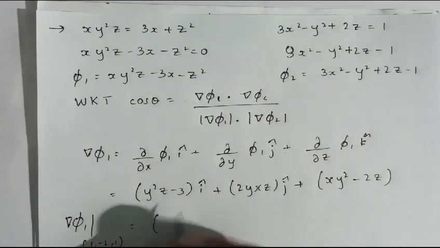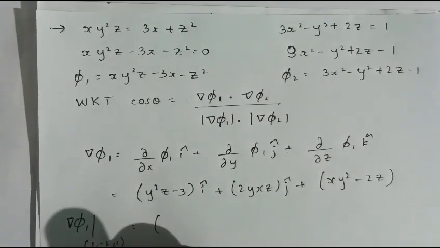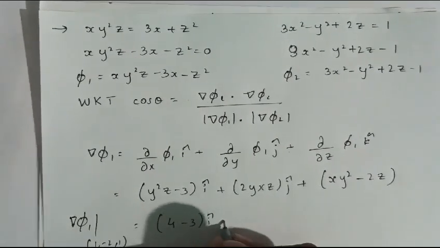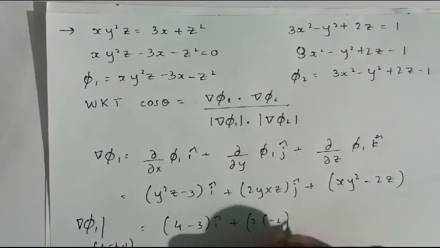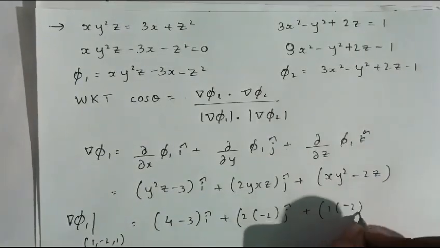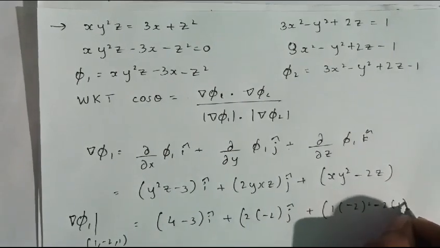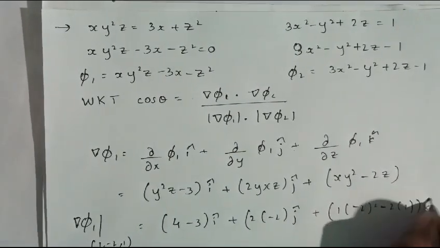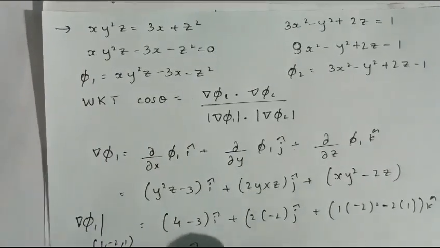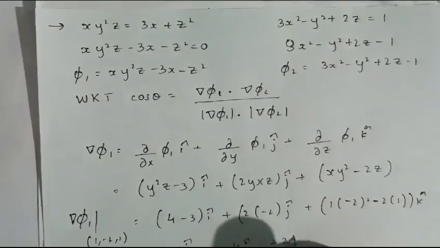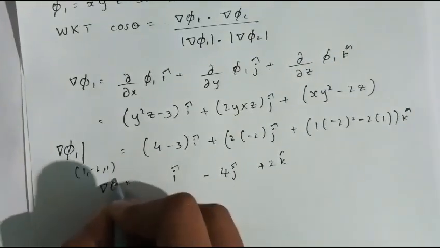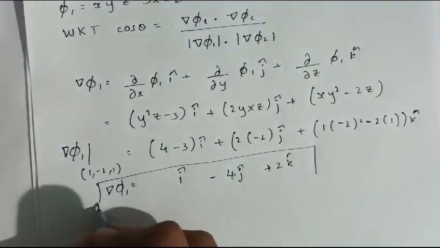Substitute the point: y square is (-2) square, 4, into 1 minus 3 i cap, plus 2 into 1 into -2 j cap, plus 1 into (-2) whole square minus 2 into 1 k cap, which implies that the answer is i cap minus 4 j cap plus 2 k cap. This is del phi 1.